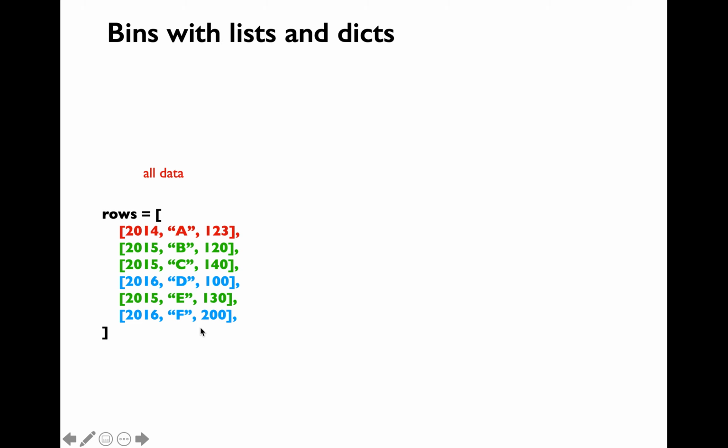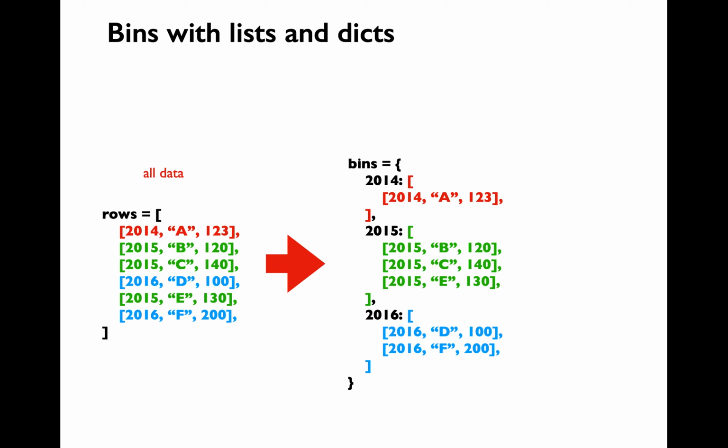Let's consider the tornadoes dataset as an example here. Let's say that this is our list of lists which is stored inside the variable rows. We have 3 columns here: the year column, the name of the tornado, and the speed of the tornado. The bucketization or binning process is going to take this particular list of list data structure and convert that into dictionary of list data structure.